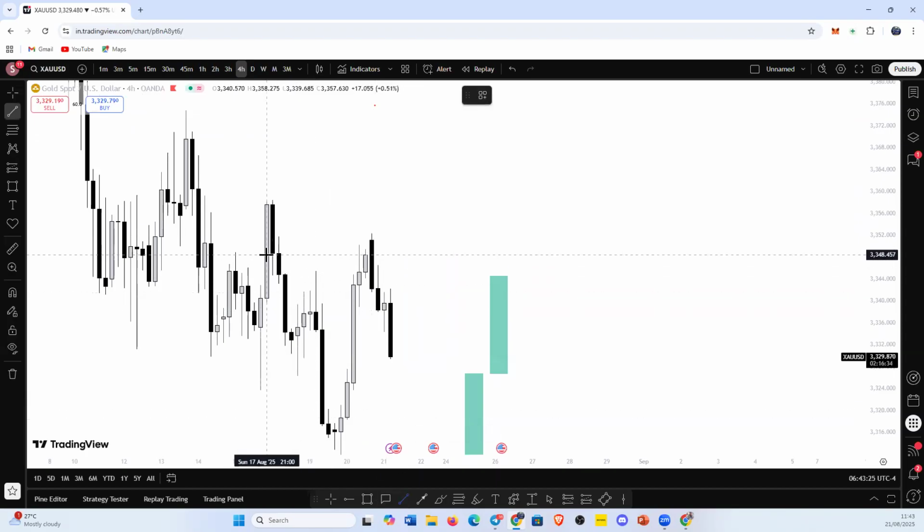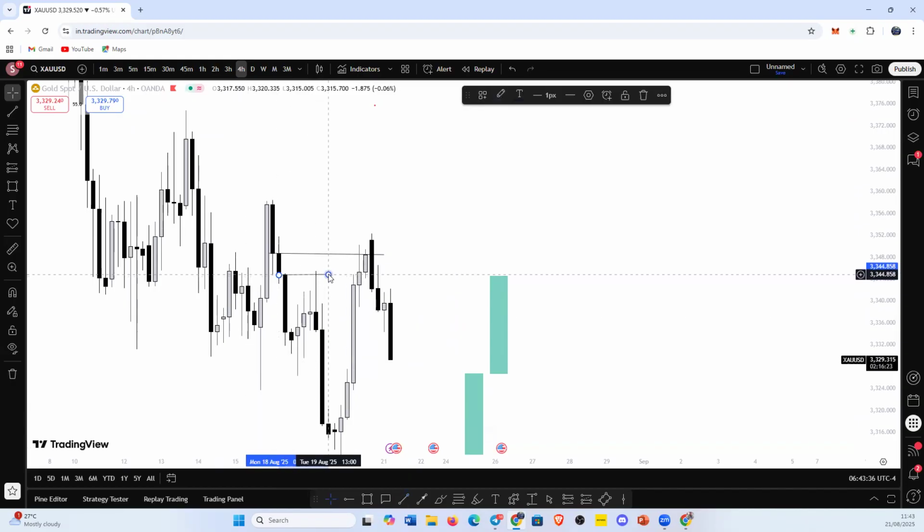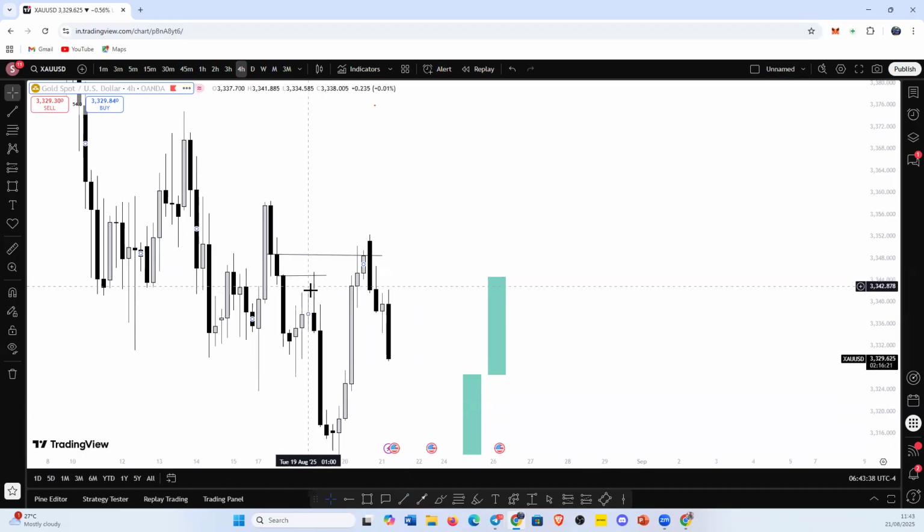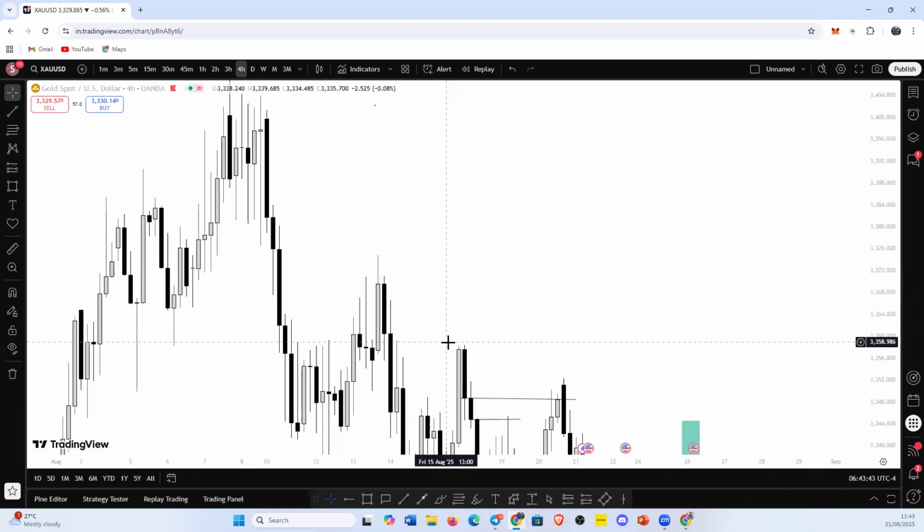This is also a level. This is a level here. It is used for continuation of a trend. This is another one here. This is another one here. Can you see? So let's see another examples.